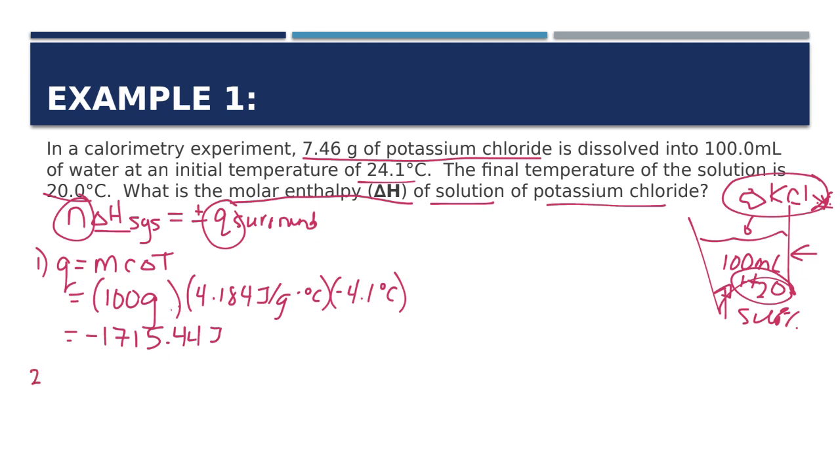So part 2 is I need to figure out the moles of the system. And so I need to figure out the moles of KCl. And because we started with a solid, we're going to take mass divided by molar mass. So our mass out of the equation is 7.46 grams.